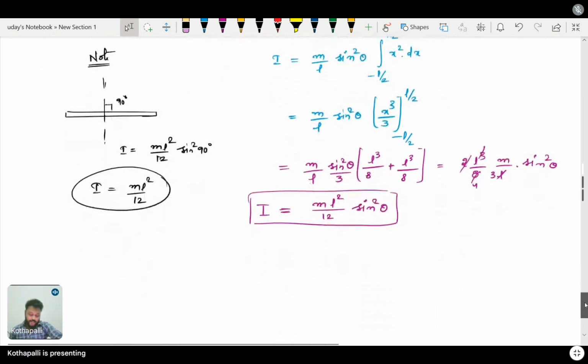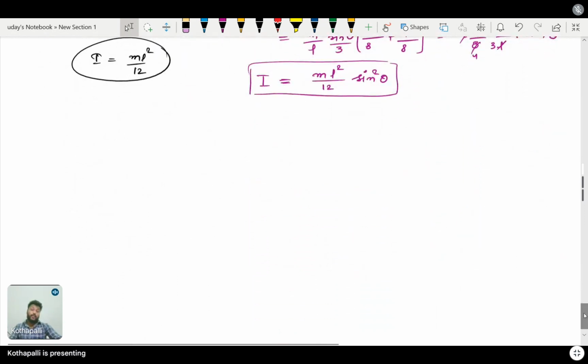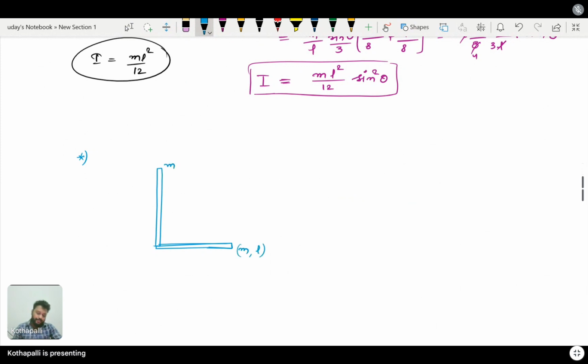Now let's try a question from this, both passing through the end and passing through the center. If I take a situation with two rods perpendicular to each other, both having the same mass and the same length, M and L, and the axis of rotation is like this, in the same plane, exactly passing through the center.